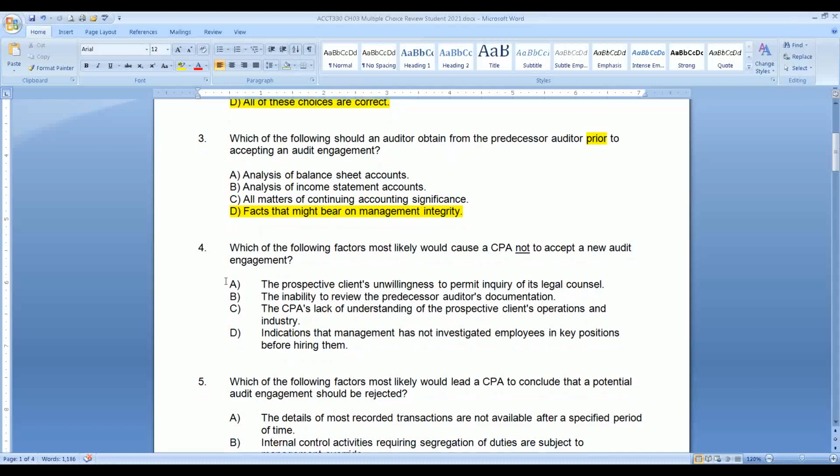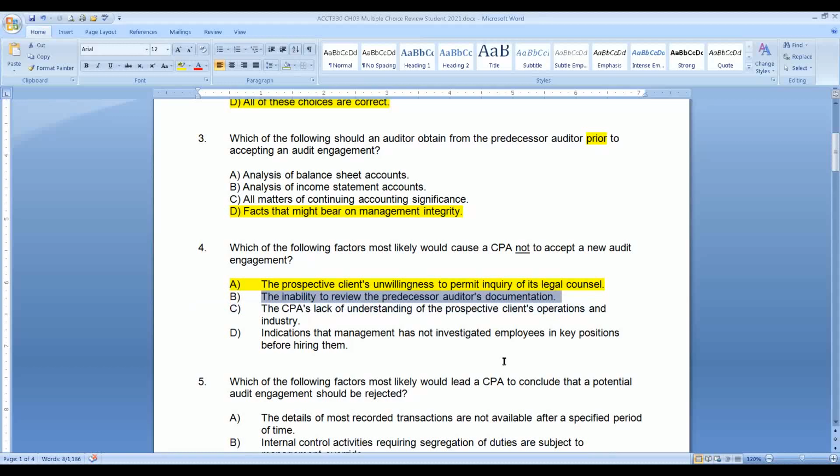Yeah, because this will reflect on their integrity. Now, some of these, for lack of understanding, as long as you can get the understanding, you can take the audit. They didn't investigate their employees. This one right here, you might say, well, wait a minute, aren't we supposed to talk with the predecessor auditor?